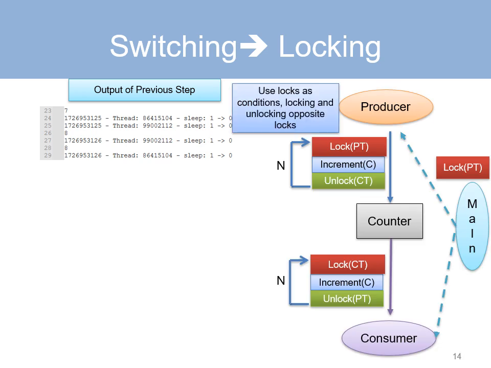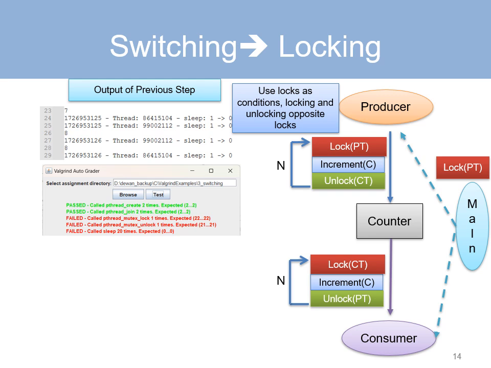Since there's only one producer and one consumer, we can do without signals, conditions here. So we've got one lock for the producer and one for the consumer, and the producer waits for its lock and unlocks the consumer, and vice versa. This is how they take turns.